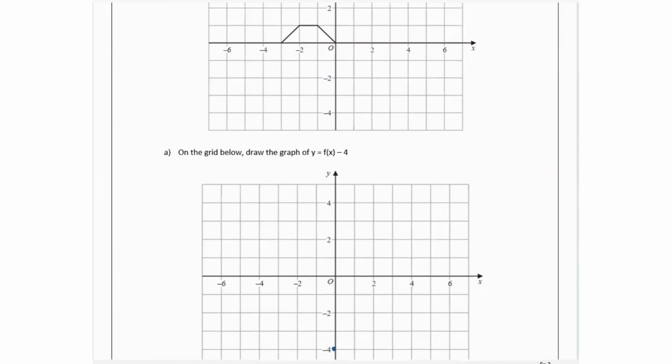There's 0 over here, goes down to this. 1 comes down to this and this. So this is your graph. We went 4 units down. So from 1, we came to -3. From 0, we came to -4.